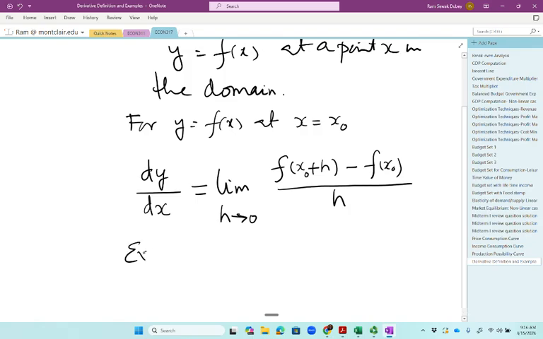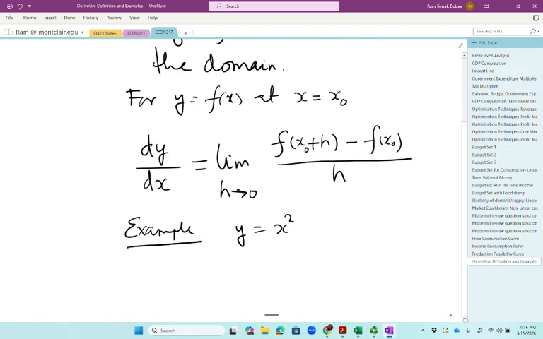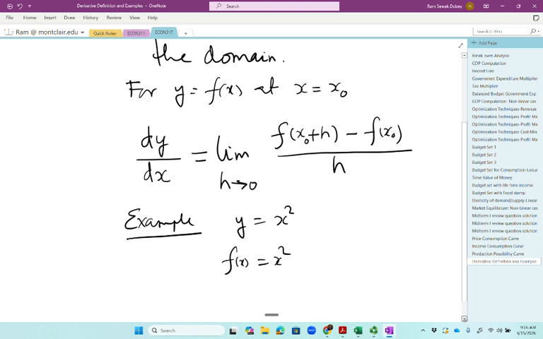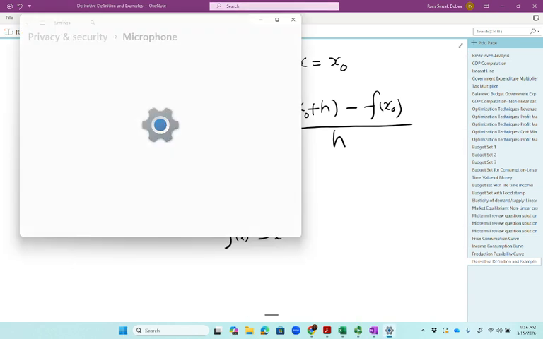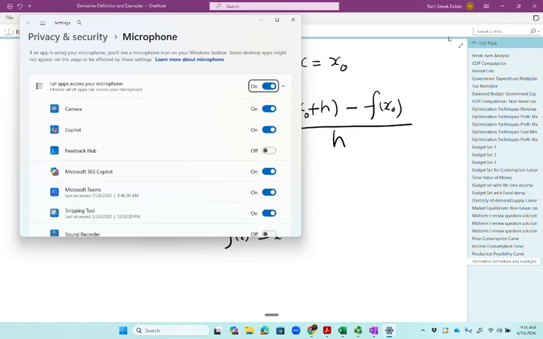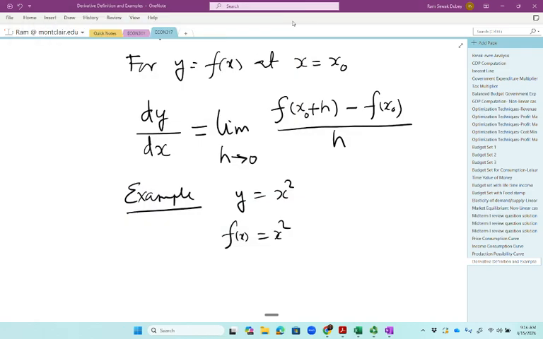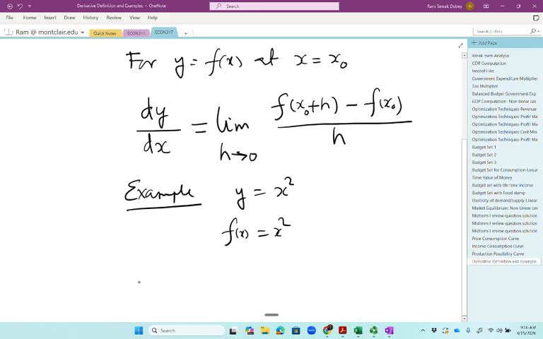So first let's do an example of the computation of the derivative. Let me say y is equal to x square, which means f of x is x square, and I want to compute the derivative at point x0. So let's go now to the definition.